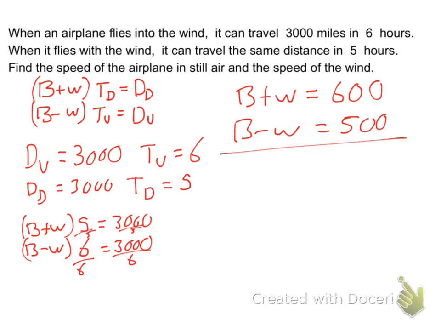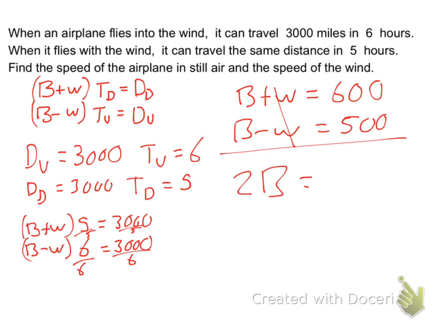What should you do with those 2 equations? Makes it real easy. You could solve for B, but I think there's an easier way. Just add them up. Process of elimination here. Cancel the W's.